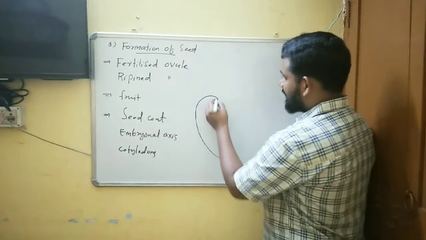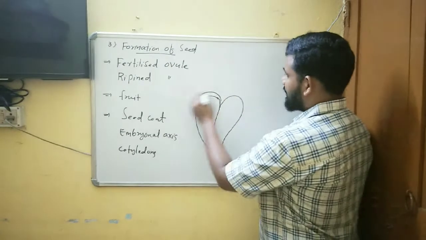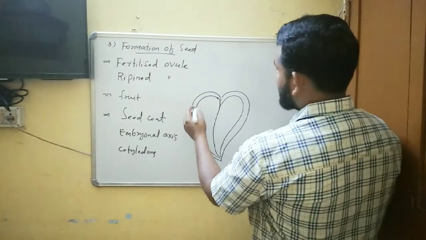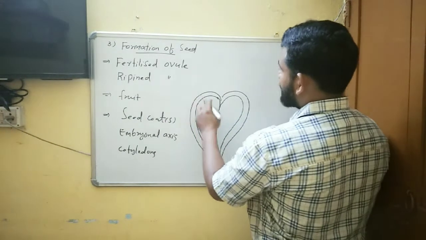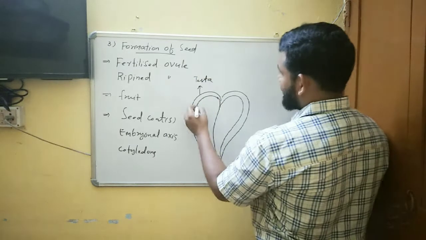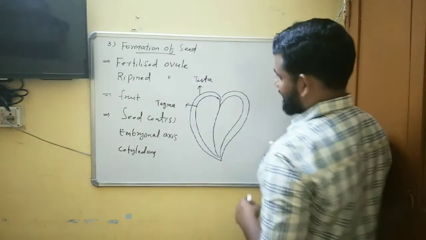The seed coat is again divided into an outer layer and an inner layer. The outer layer of the seed coat is called testa and the inner layer is called tegmen.